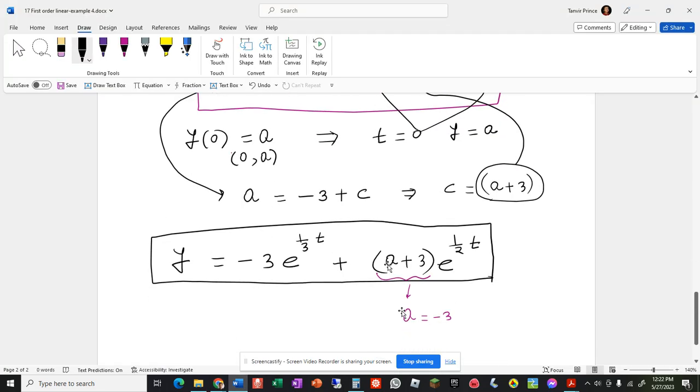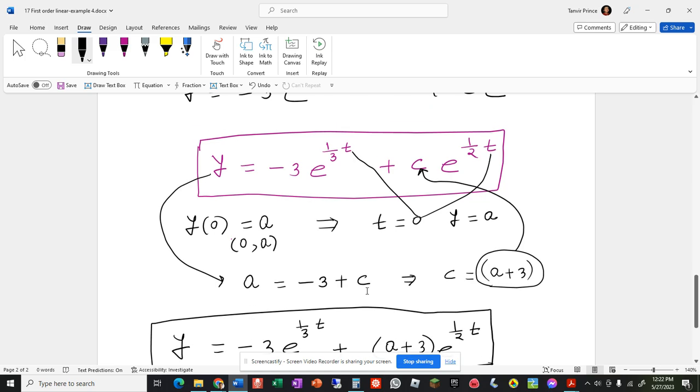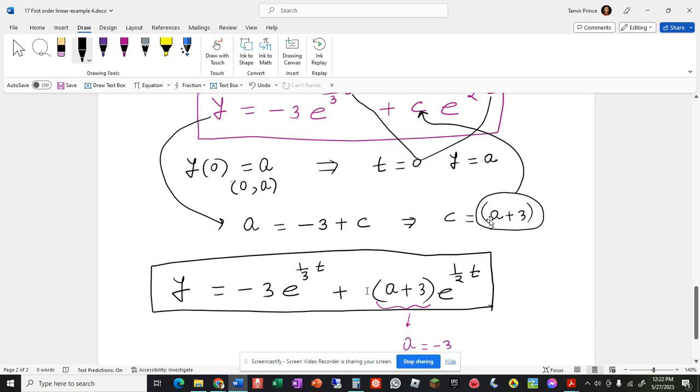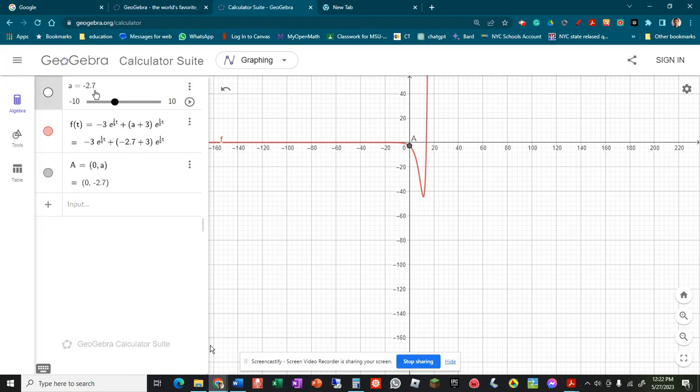If I go here, we suspected it should probably be a equal to -3, but it looks like it may not be. Let's see, is it a equals -3? Let's put in -3. Oh, it's probably -3.